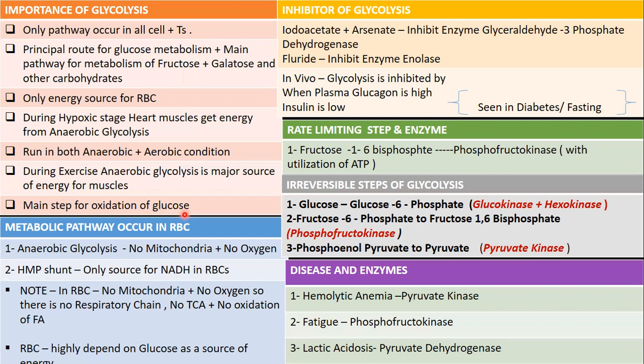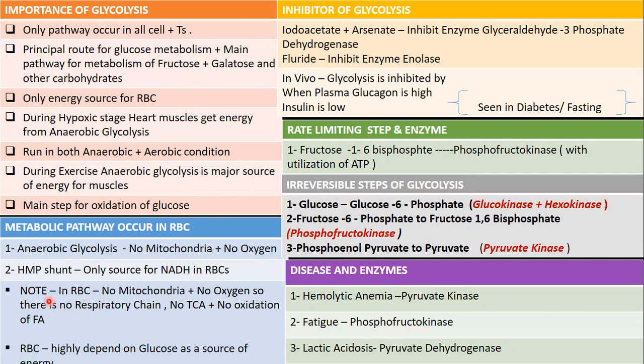Then when we talk about the metabolic pathways that occur in the RBCs, RBCs have anaerobic glycolysis, that is, they do not have mitochondria and no glycogen. Then we have the HMP shunt, that is the only source of NADPH in RBCs.